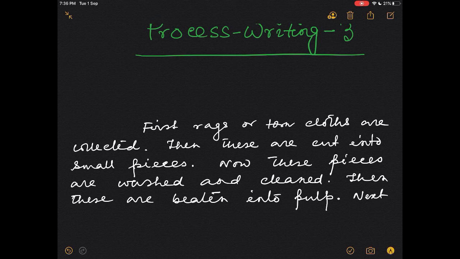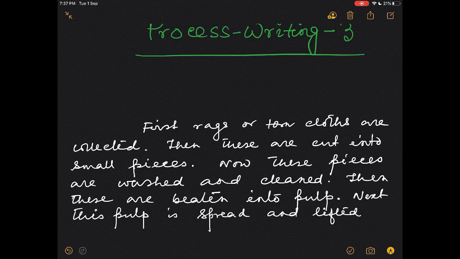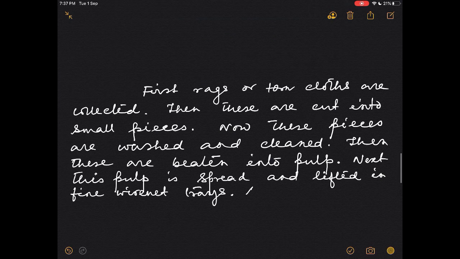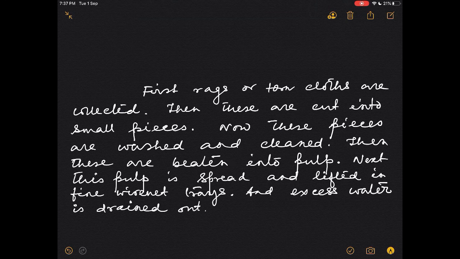Next, this pulp is spread and lifted in fine wire net trays, and excess water is drained out.